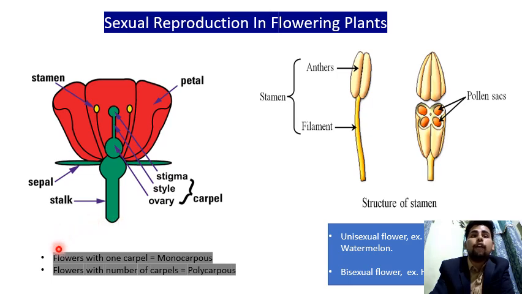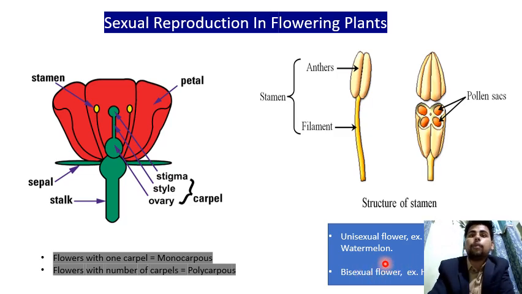Depending on the number of carpels, flowers are of two kinds, monocarpous and polycarpous. If the carpel is one in number, then the flower is called monocarpous, and if the carpels are more than one in number, then the flower is called polycarpous. Flowers can be unisexual or bisexual.